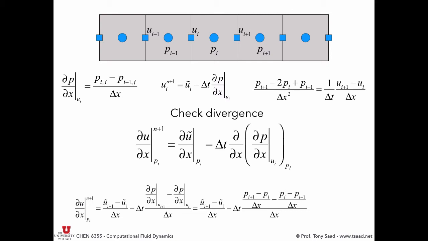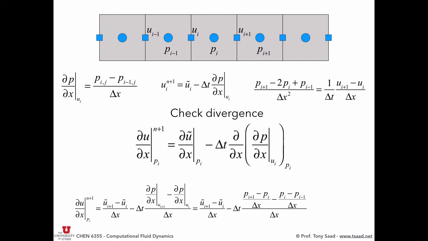First term, easy, du tilde by dx at pi. So that's u tilde at I plus 1 minus u tilde at I over delta x. Minus delta t, we said this is div of grad p. So that's essentially grad p at ui plus 1 minus grad p at ui. Again, a forward difference.